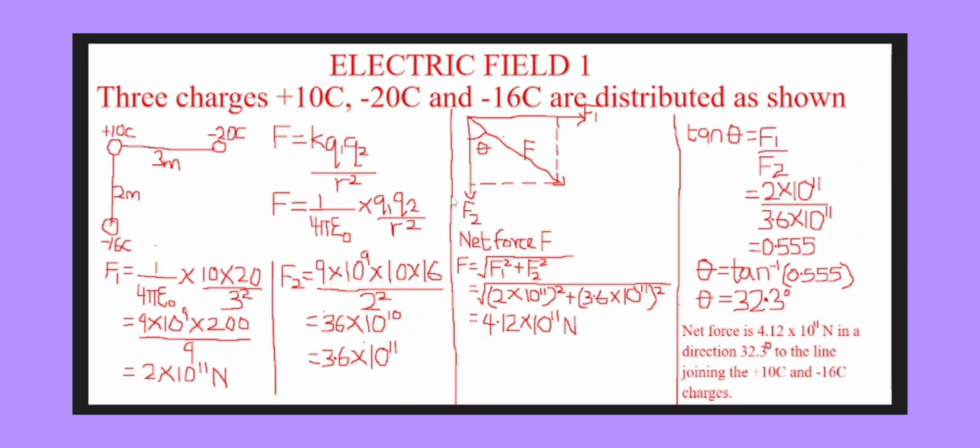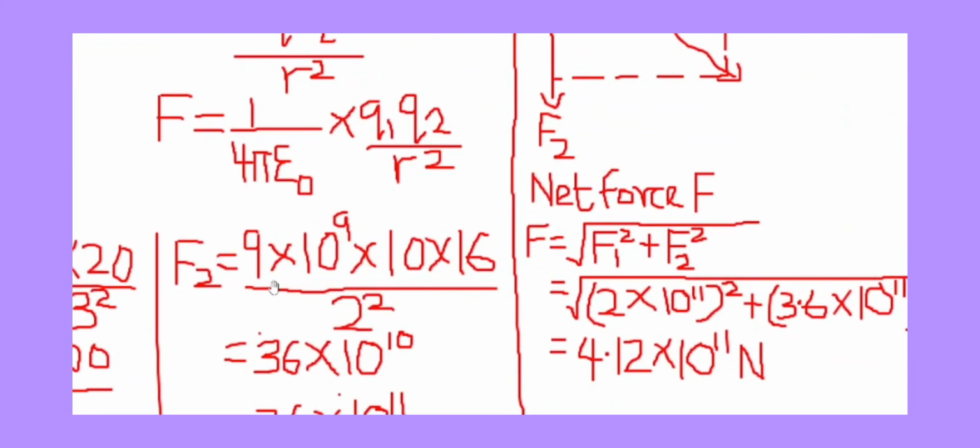So going to F2 now, that will be 9 times 10 raised to power 9 multiplied by 10, the 10 Coulomb charge, multiplied by 16, the 16 Coulomb charge, divided by 2 squared.